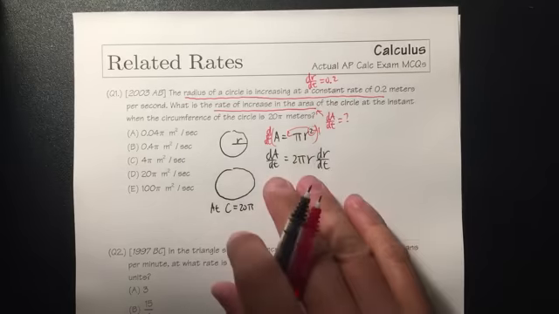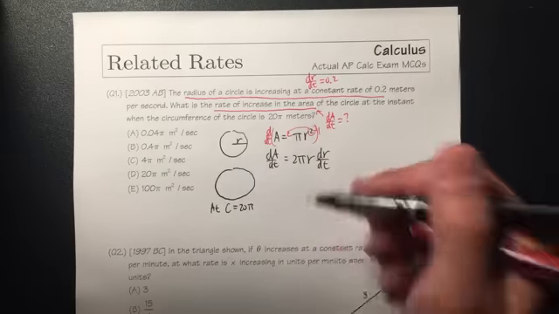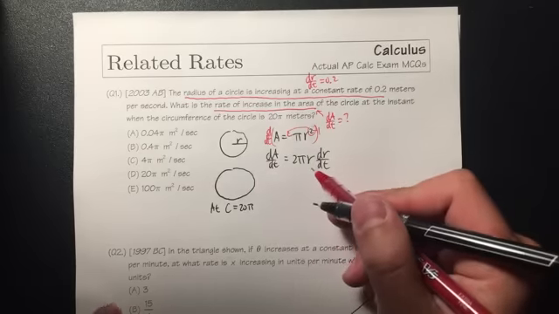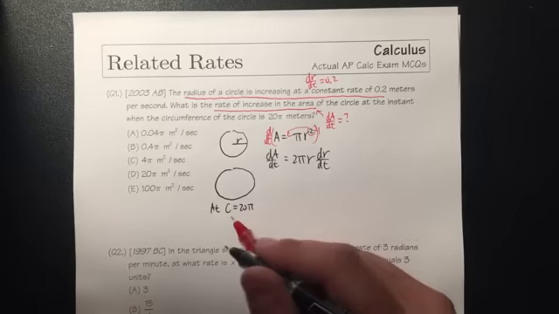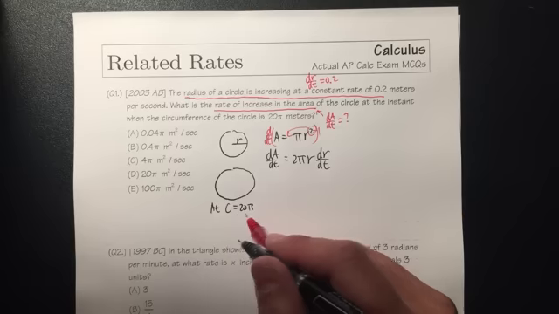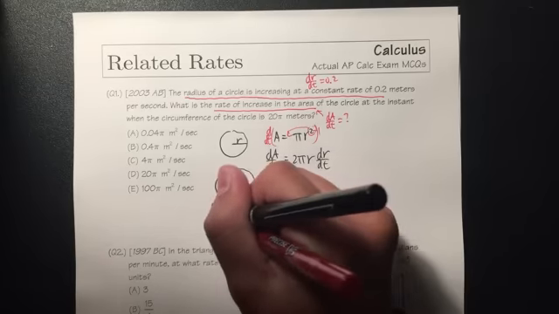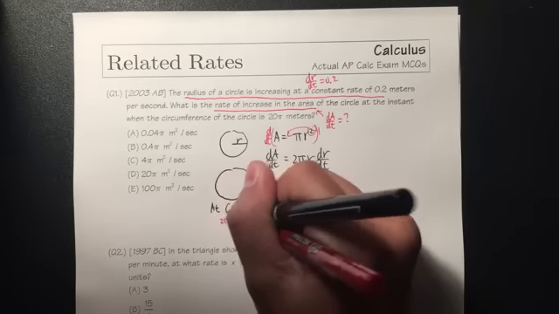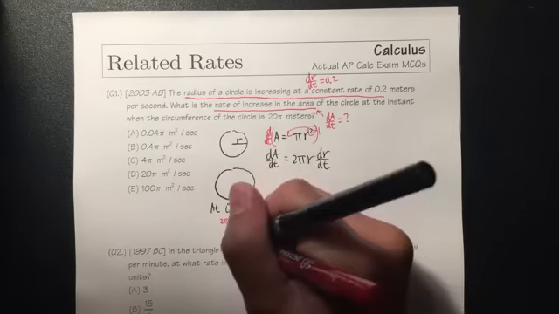And now, we want to find out what dA/dt is. We know dr/dt is 0.2. I just have to figure out what r is. And as you guys can see right here, we care about the instant when the circumference is 20 pi. So circumference is 2 pi r. We make this equal to 20 pi. And as you can see, r has to be 10, right?